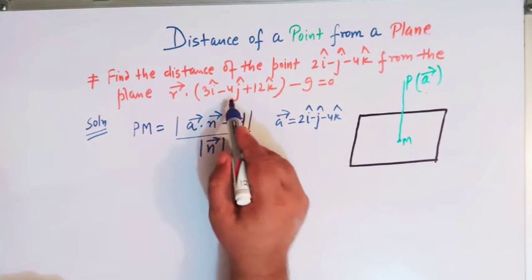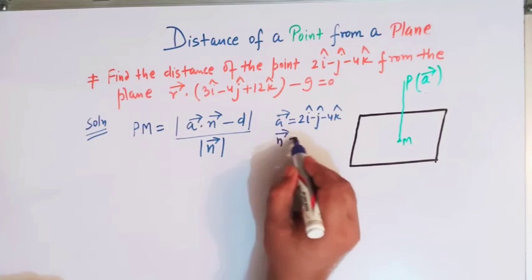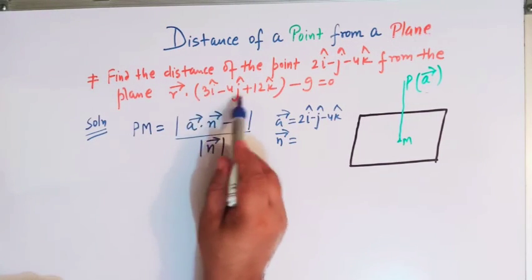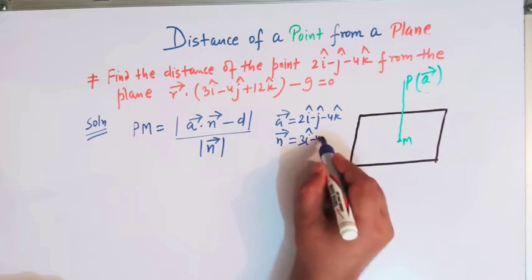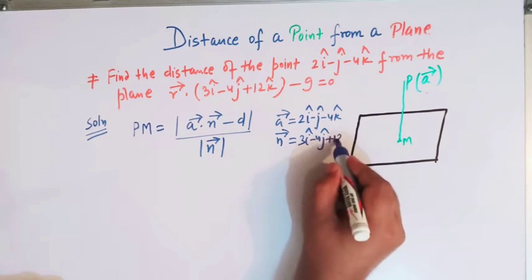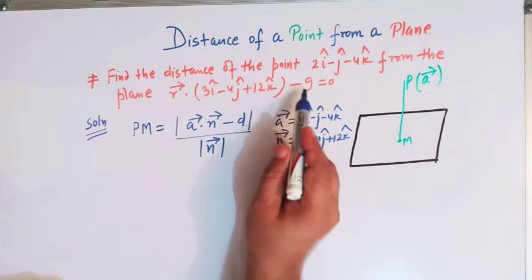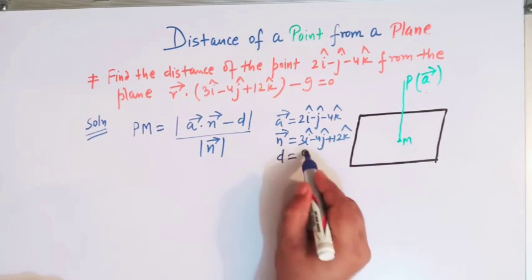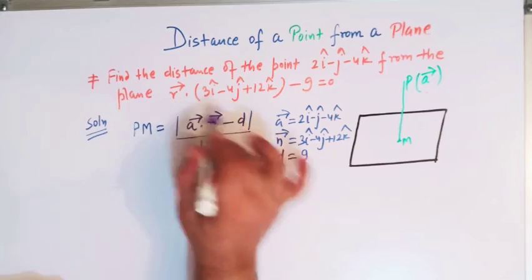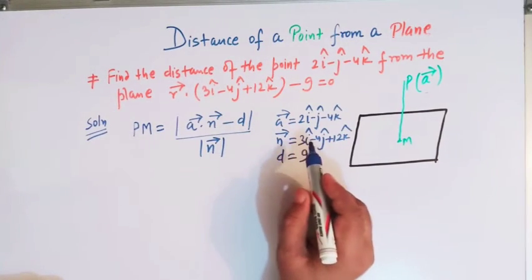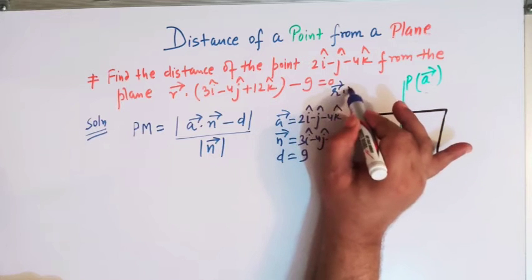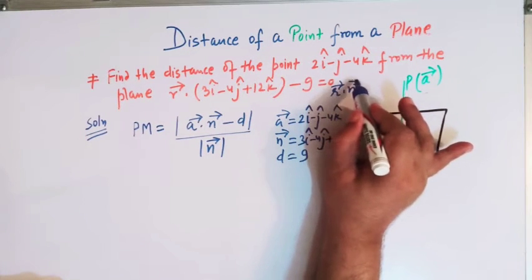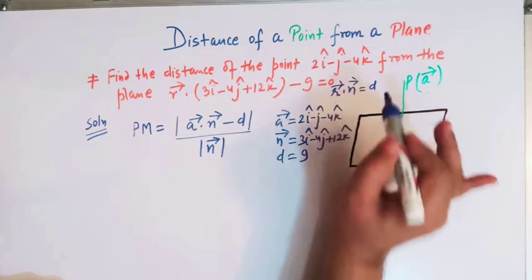And the vector n is given from this vector, that is 3i cap minus 4j cap plus 12k cap, and the value of d is 9, right? Here we have compared the equation of plane as r dot vector n is equal to d.